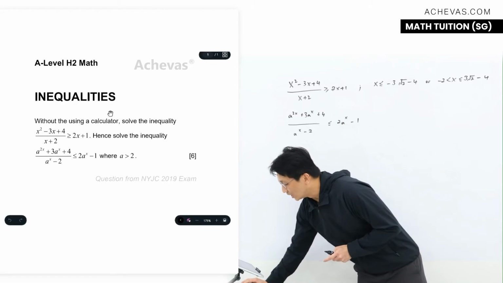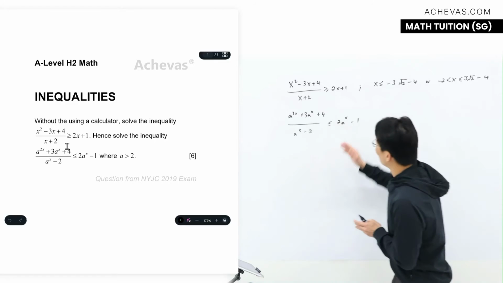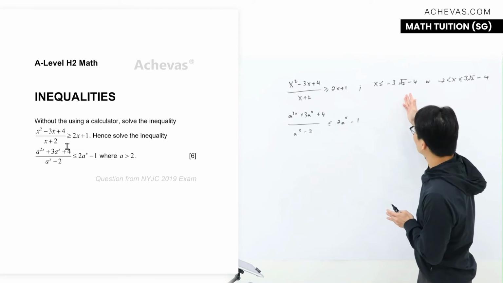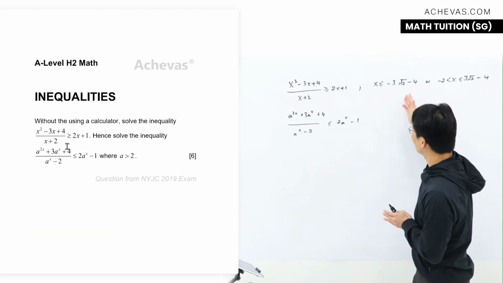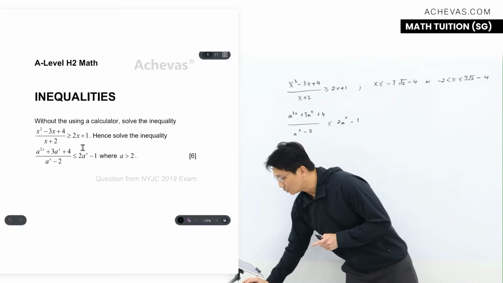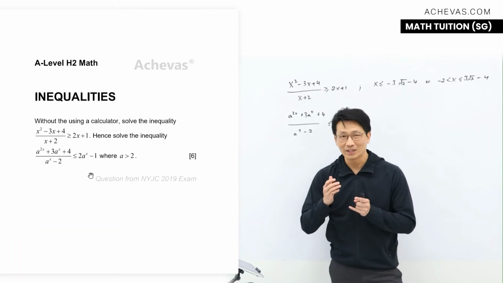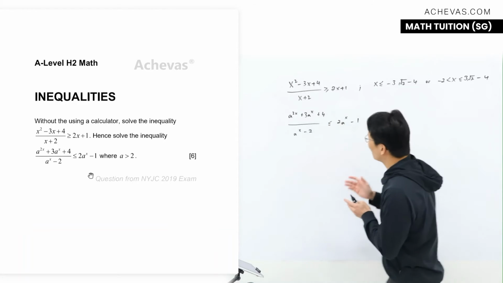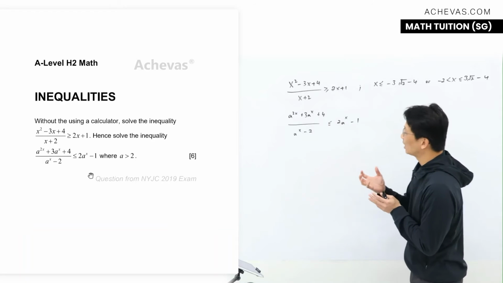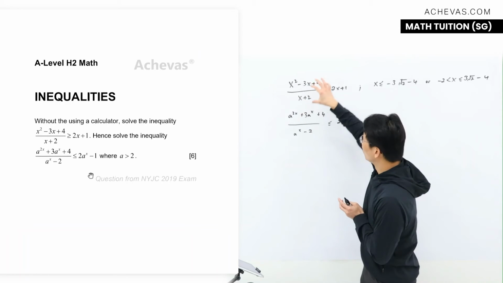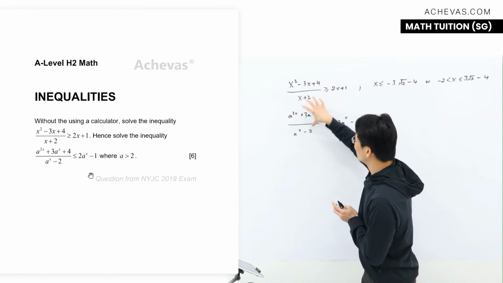Let's continue with the second part of this question. After we have solved the original inequality, which I've written here, and this is the corresponding solution that we found in the first part, we are supposed to solve the inequality of this particular expression, where a is greater than 2. For this type of question, perhaps we have to think of a substitution to replace x in order to get this.